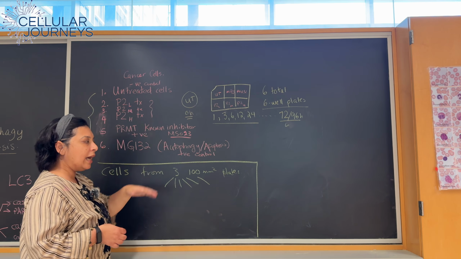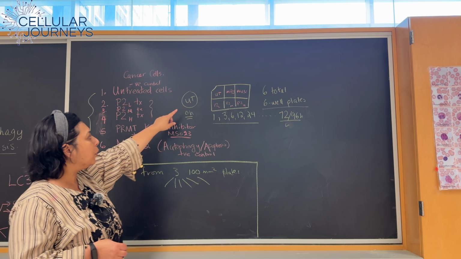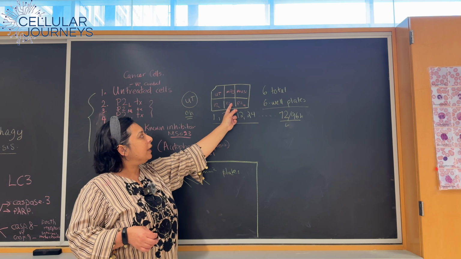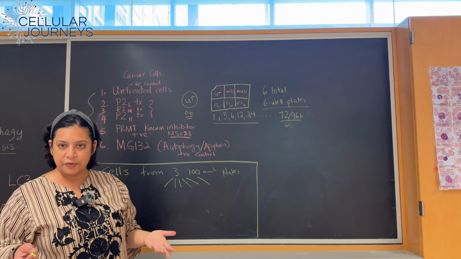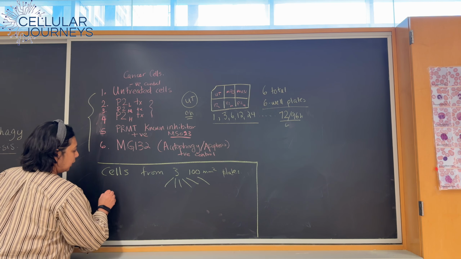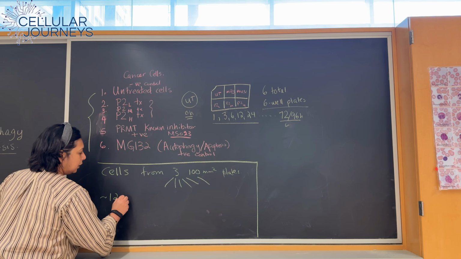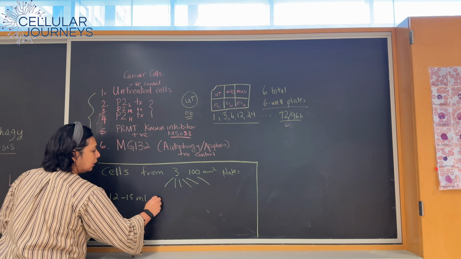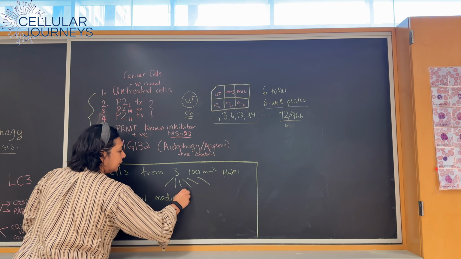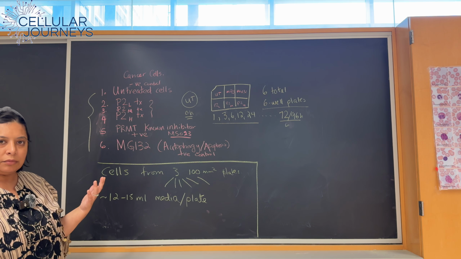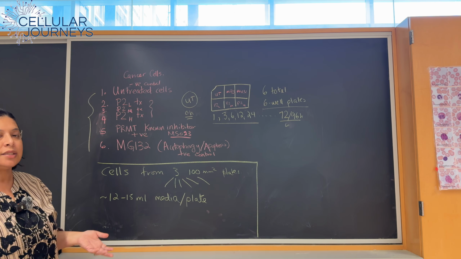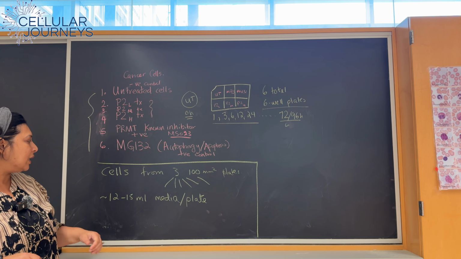So 2.5 ml per well. In a 6 well plate, that means that you're going to use about 12 to 15 ml of media, right? So you need approximately 12 to 15 ml media per plate. When you plate the cells, you're going to plate them with full serum, whatever that full serum situation is in your lab, whether it's 5 or 10%.